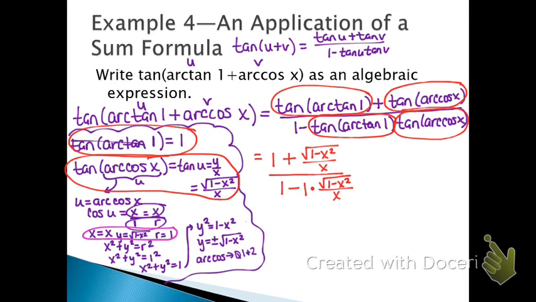Good. Now we can just go ahead and multiply those two. So I'm going to copy the rest of it over here. So I've got 1 plus that fraction over 1 minus, and 1 times that fraction is just a fraction, isn't it?